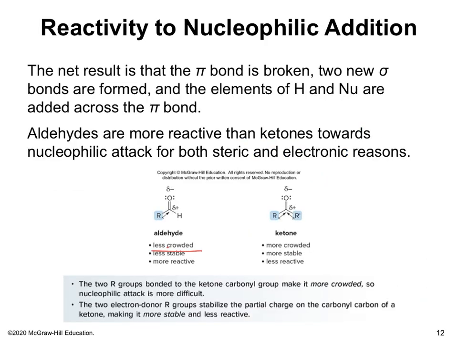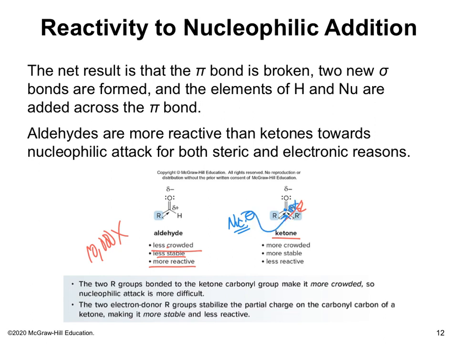Aldehydes are less crowded, less stable, more reactive. I said it's about 10,000 times more reactive than a ketone, because these are electron donating groups and they're rotating, and it makes it hard for a nucleophile to get into the electrophilic carbon.